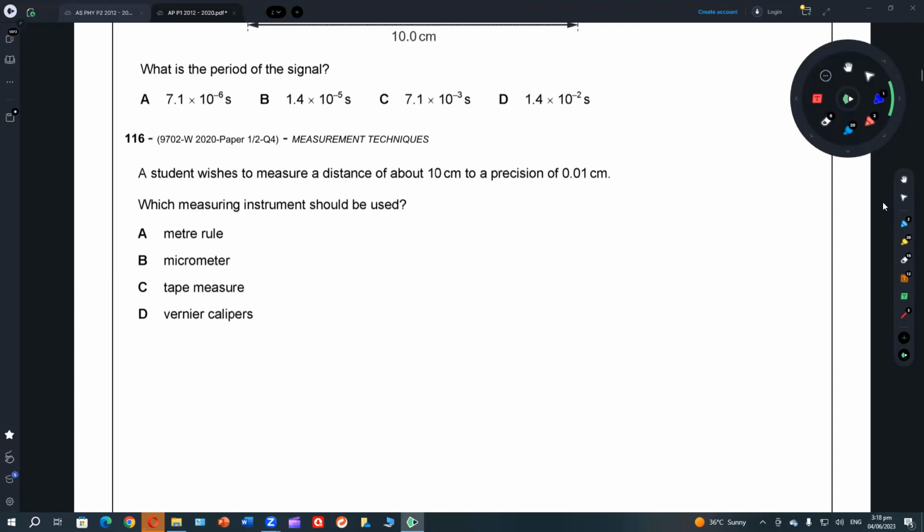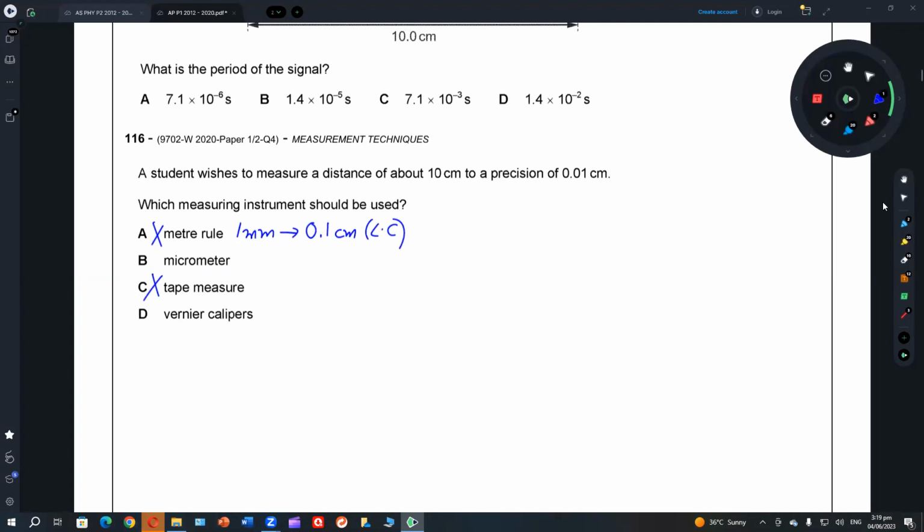Tape measure and meter rule are 1 millimeter. So 0.01 centimeters is 0.1 millimeter, it's the least count.